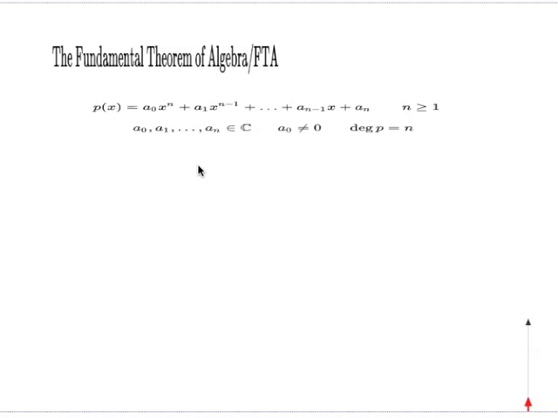Now, that's the setup of the fundamental theorem of algebra, and the actual claim of the theorem, I'll say this is claim number 1, says that for such a polynomial, you can always find, remember this symbol, the one which reads exists, a number z0, which is complex in general, and that's the number which vanishes your polynomial. That's a number which, if you plug it in, will give you 0.